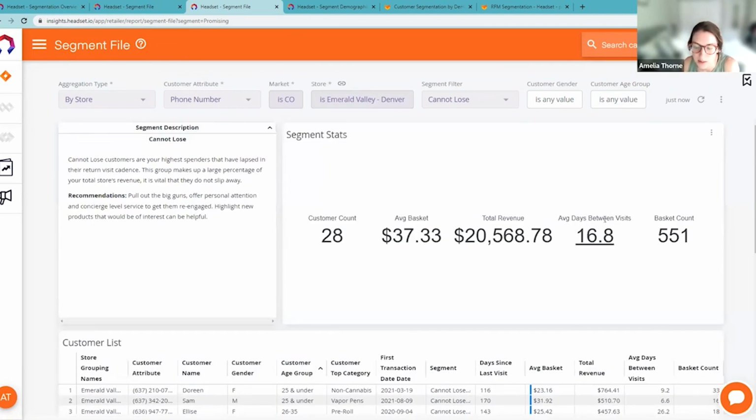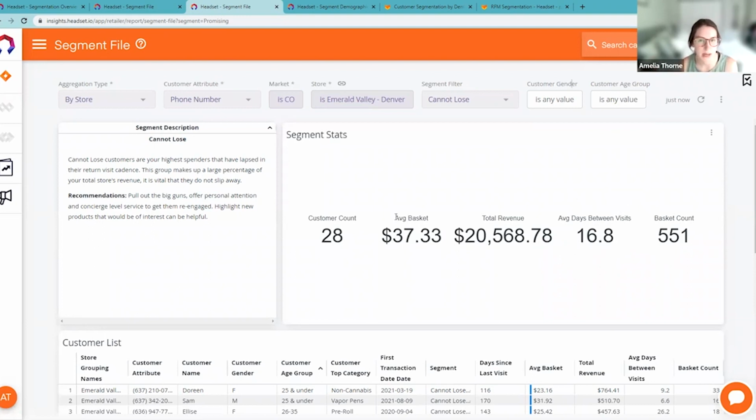So if you're running a marketing campaign of 30 days or something like that, and you're trying to get an increase in visits from these customers, I would assume that you would hope that this number would decrease because you're getting them in the store more often. That's just a little benchmarking number that you can pull out.